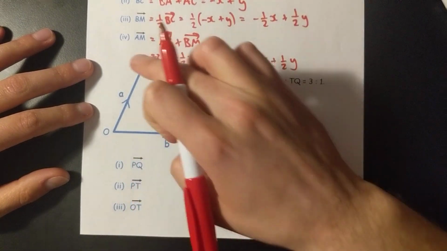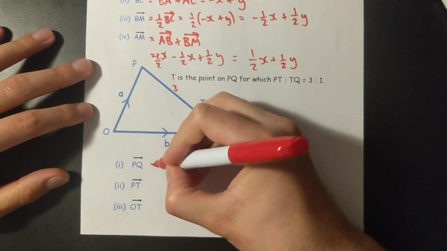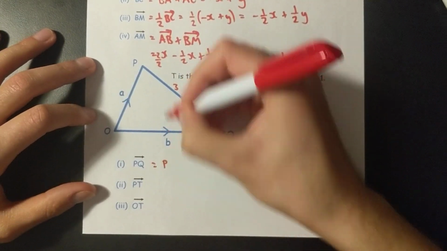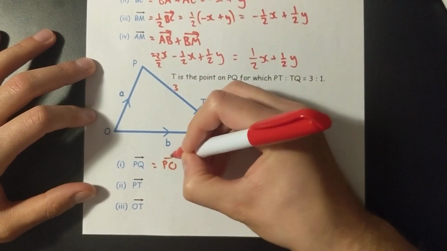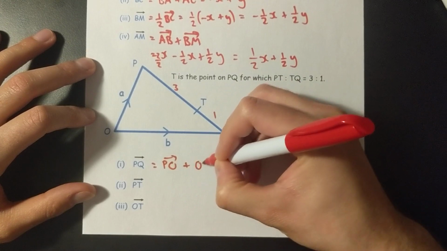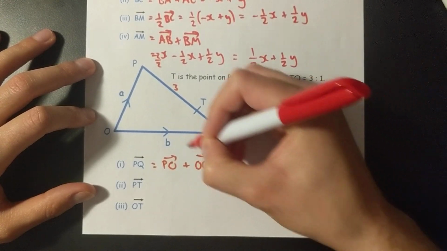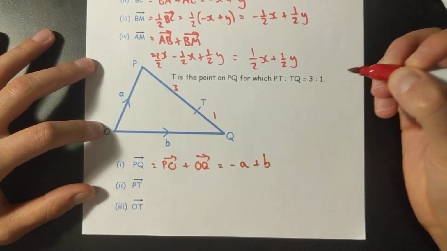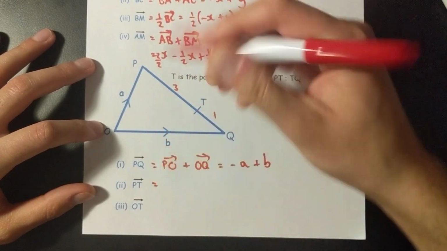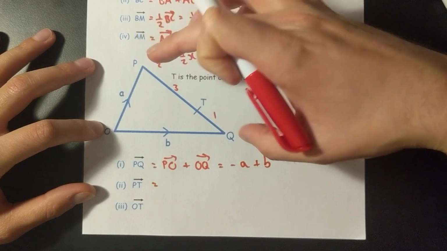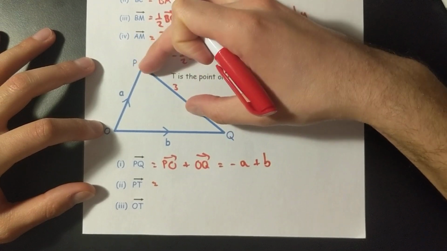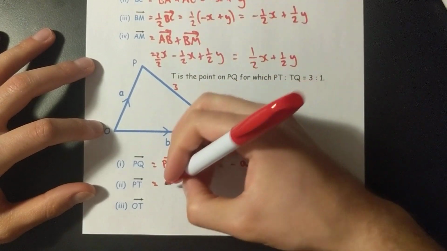So, P to Q, well, again, can't go along this line, have to use the vectors that I have. So P to Q is going to be going from P to O, and then from O to Q. So that is negative a plus b. P to T. Now P to T is a fraction of the journey P to Q. And the fraction is 3 out of 4 parts in total.